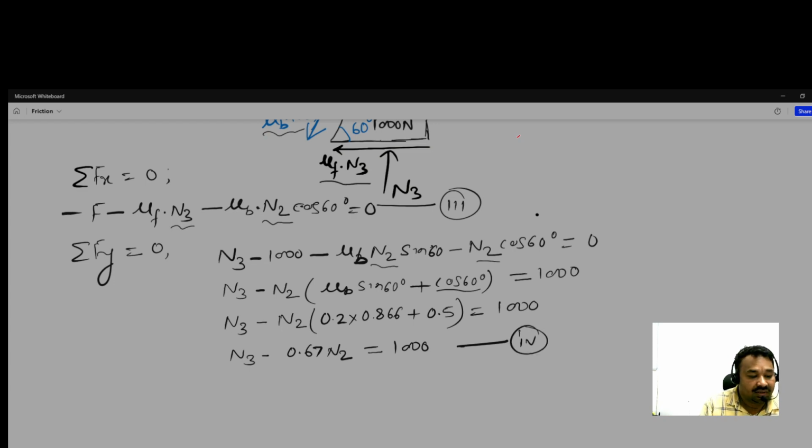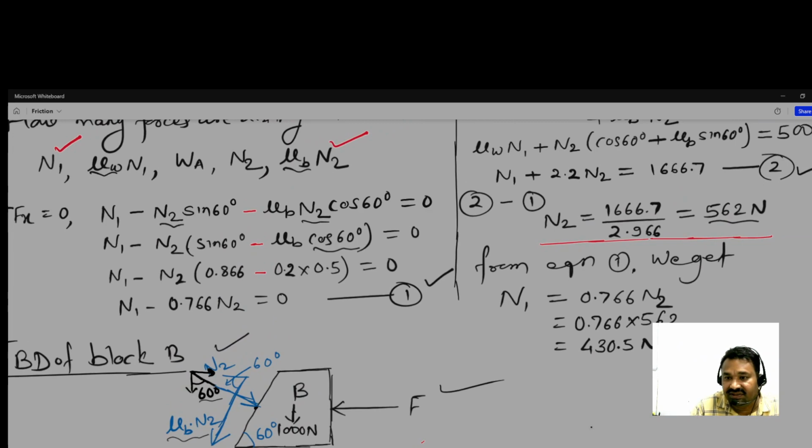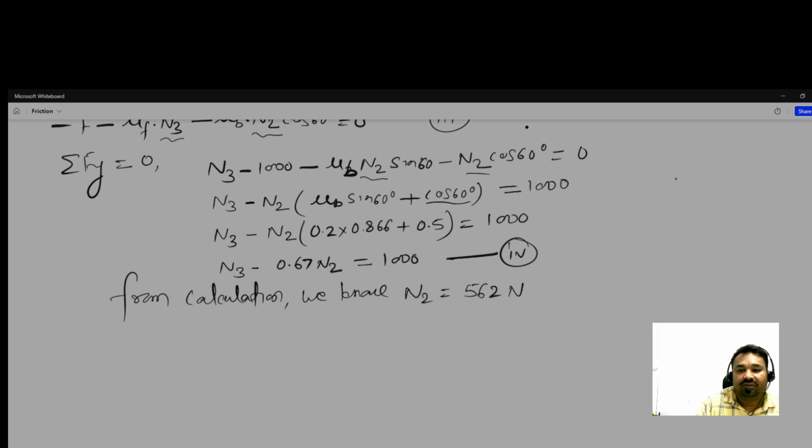Okay, so what about N2? So N2 already we have from here 562, N2 is equal to, we have from calculation, we know N2 is equal to 562 Newton. So let us put this in equation 4.